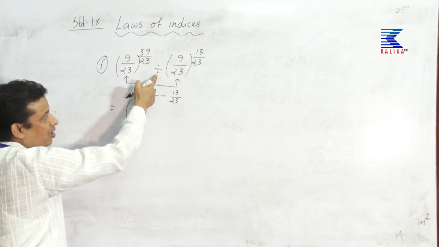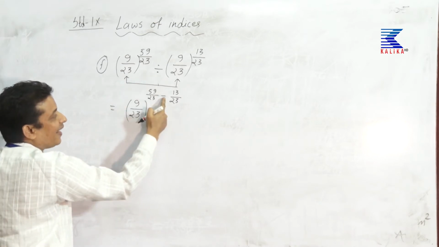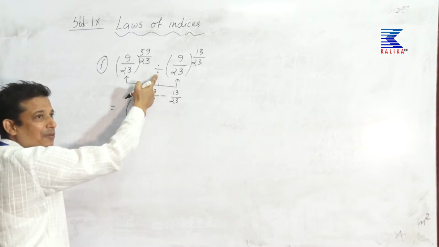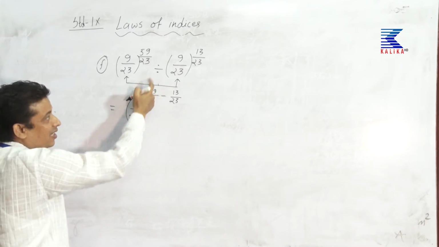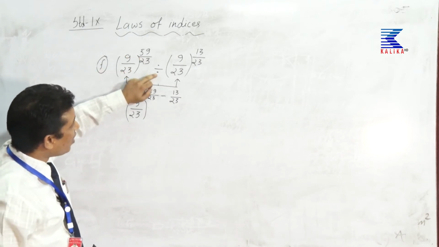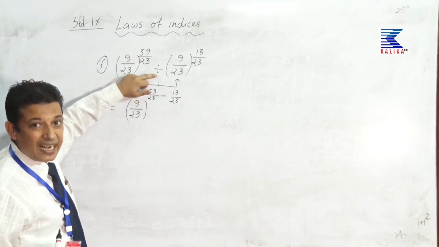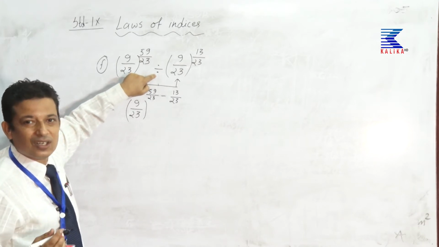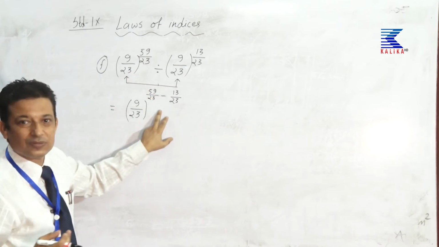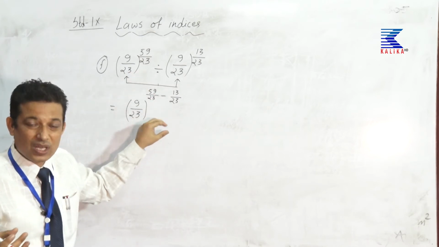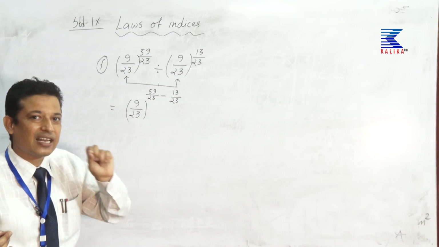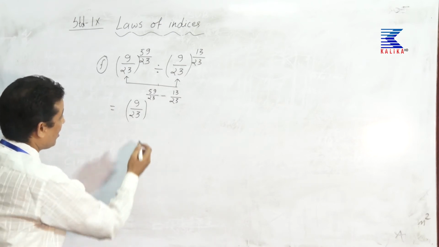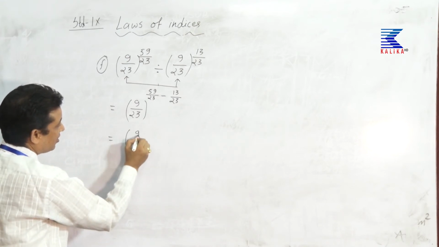If it was multiplication, we would add here. This minus becomes plus if the division becomes multiplication. But if it was the addition sign or the subtraction sign, we could not do it this way, because in case of addition and subtraction we cannot use laws of indices. So finally this is a simple question.